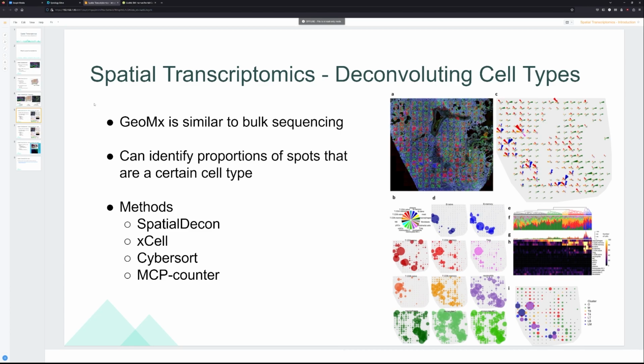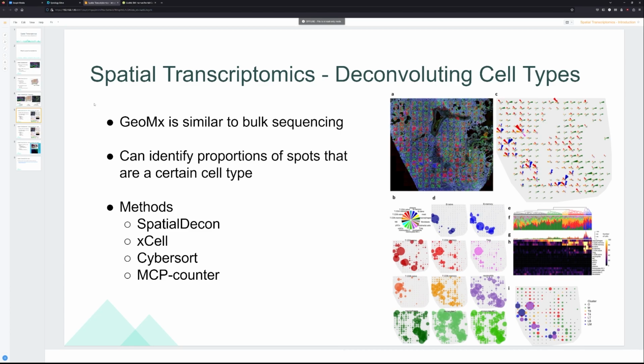And that can be really helpful to associate the sample score or proportion with the phenotype or some clinical aspect of that sample. So if they received immunotherapy, do they have more T cells now in the sample from your deconvolution method?